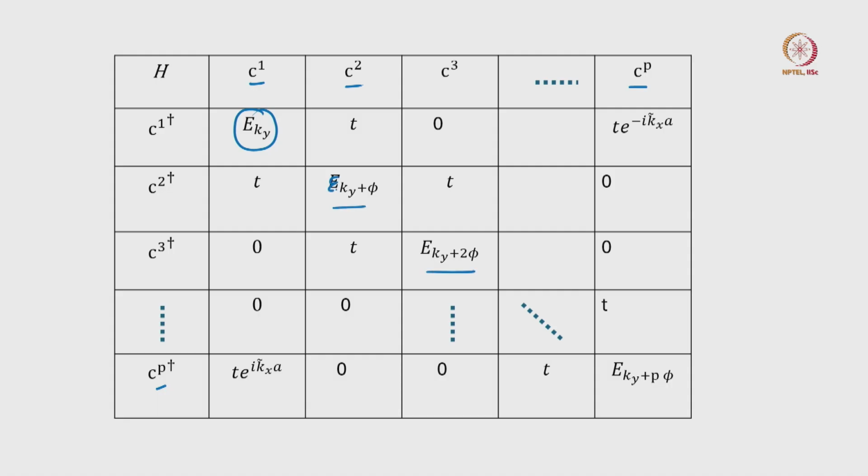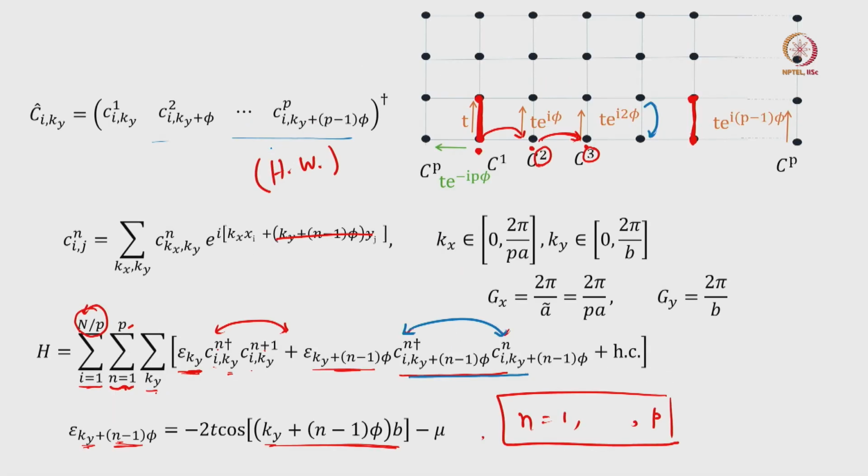And whereas the hopping from, sorry, this one should be T. Okay. So, the hopping from here to there still remains T, sorry, from here to here remains T, this one is already included.